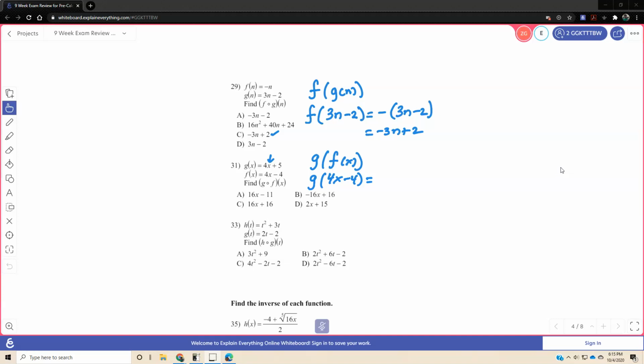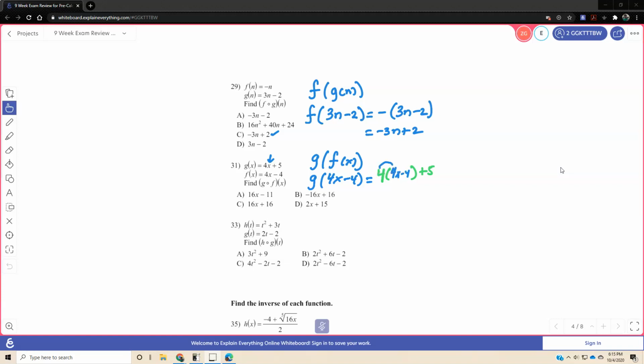Therefore, I have 4 parentheses plus 5. So what's going to go in there? 4x minus 4. That is our input.